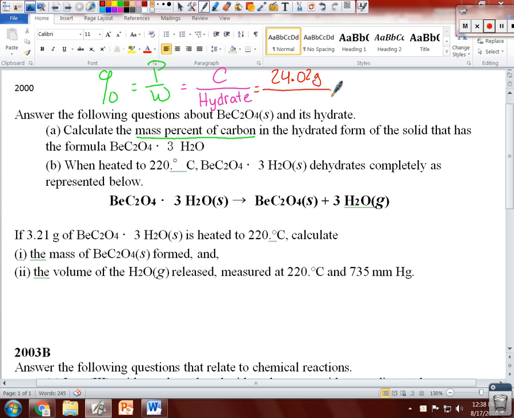Now, the difficult part is finding the rest of that junk. So 24.02, times 16 times 4, plus the mass of beryllium, which is 9.01, then plus the 3 waters.